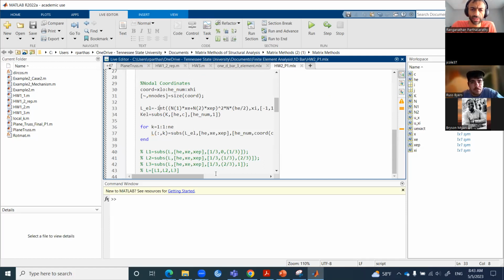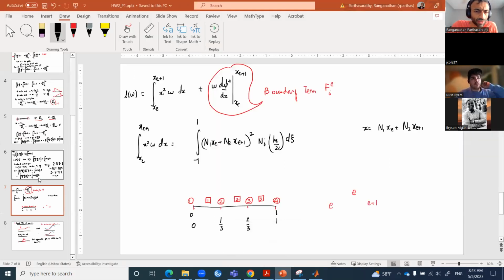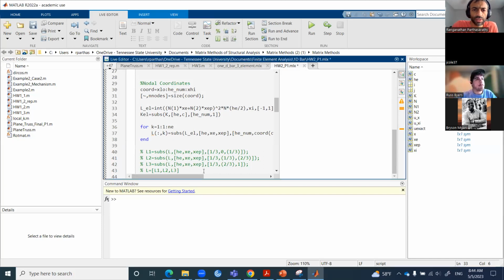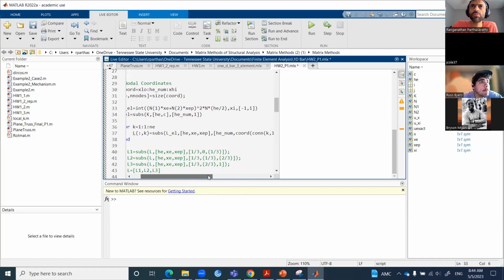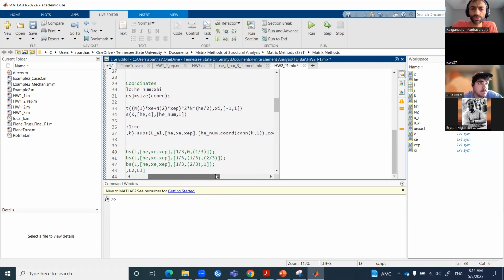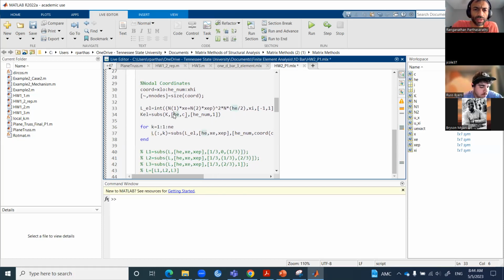Then L, let's check L. L is these two, so this one. So let's enter that. No negative sign. And 1 times XA, which is a square, times N times HE by 2. Yes, this is correct. And then we substitute HE and C. Okay.